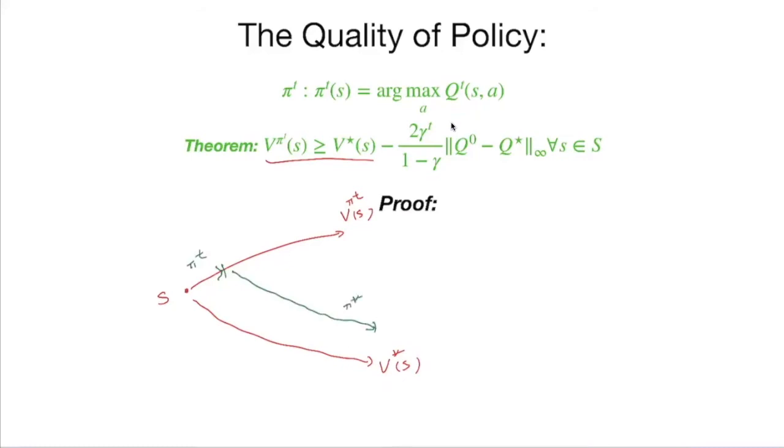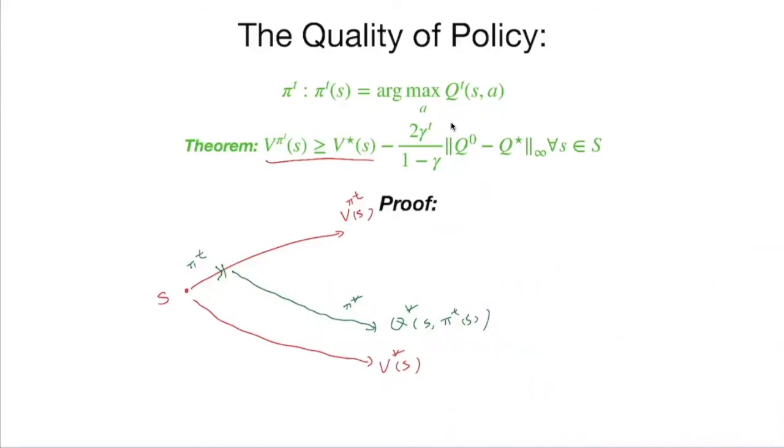What about this middle ground? By definition, it is q star s, pi t s, because the first segment comes from following policy pi t, and afterwards I just follow pi star all the way to the end. So this middle ground is q star s, with the action computed from pi t.